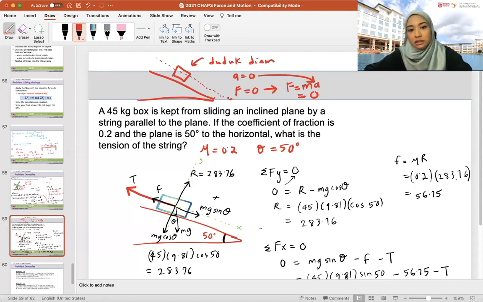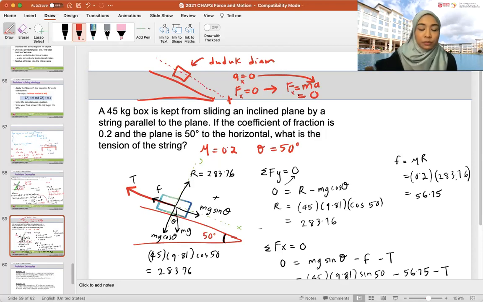Menggelongsor ni X axis kita. Kalau dia tak menggelongsor, dia duduk diam-diam dalam X axis, maka acceleration in our X axis is also kosong. Therefore, our Fx is also kosong and F net in the X is also kosong. So this is the condition untuk bagi dia tak menggelongsor.